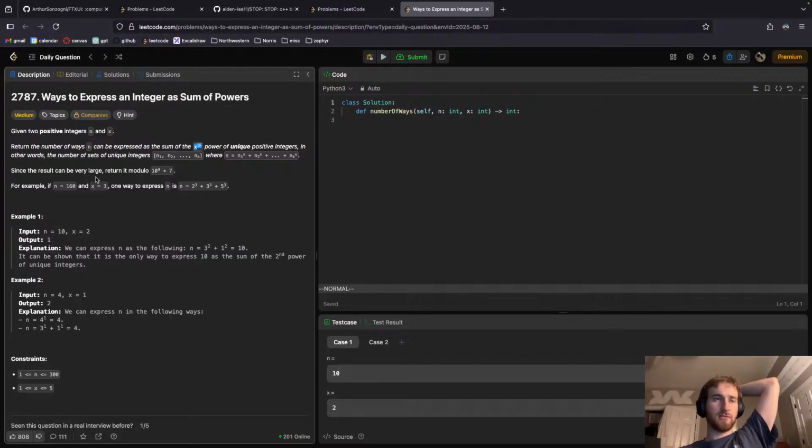In other words, the number of sets of unique integers where n equals... Interesting, okay. So x is fixed and is always the power. Sure, okay.